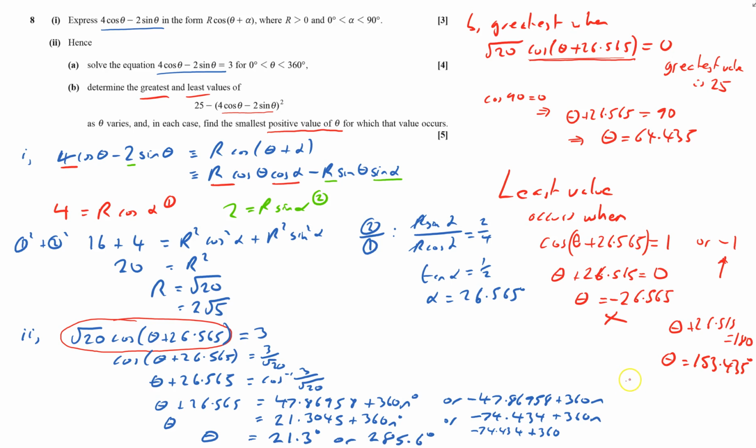And so we need to find out what the minimum value is. It's 25 minus the square root of 20 squared. That would be minus 20, so it'll be 25 minus 20, which equals 5. And that's the least value. And I hope you follow that. That's question 8 done.